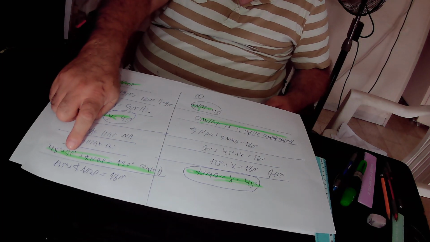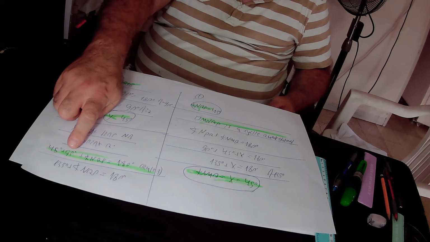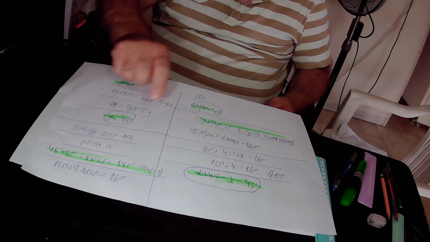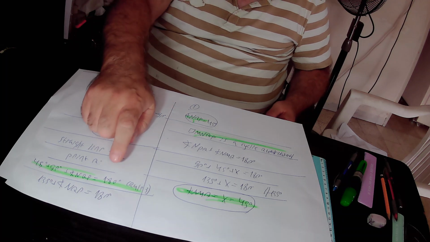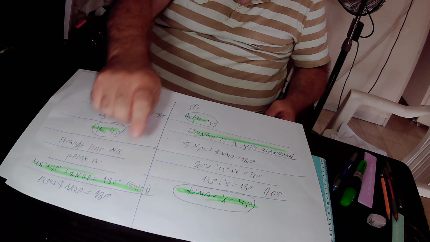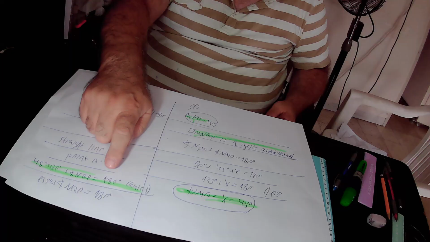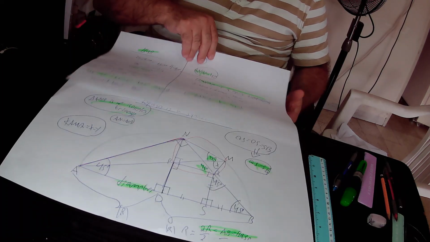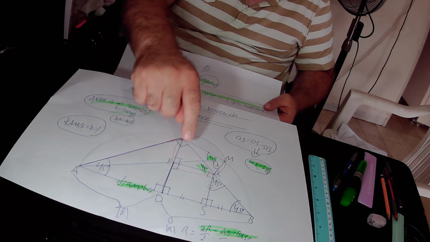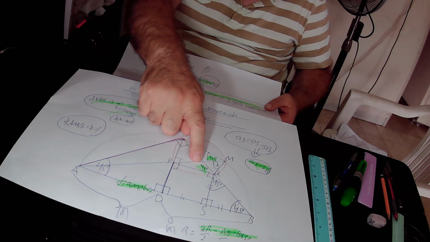Here we subtracted 135 degrees from this equation, and finally found out that the size of the missing angle NQP is 180 degrees minus 135 degrees. 180 degrees minus 135 degrees is 45 degrees.